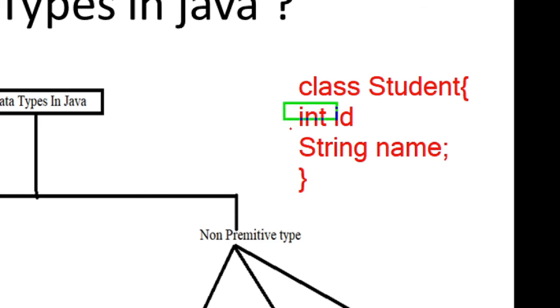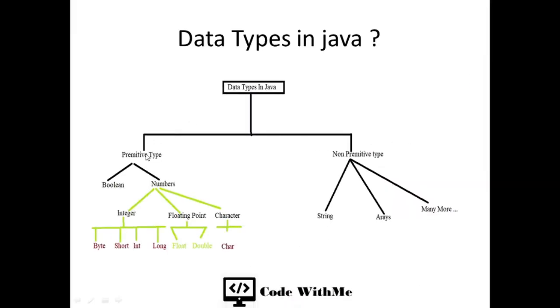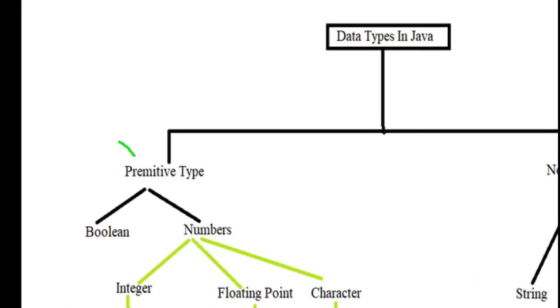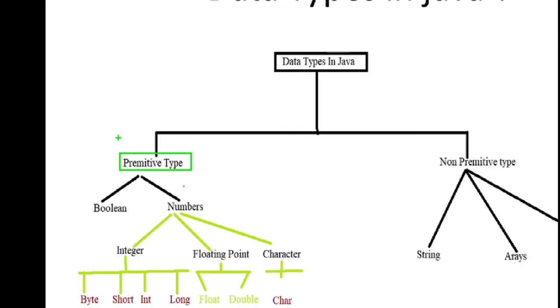If you concentrate, int is a data type, string is a data type. So in Java, there are multiple data types called primitive data types. Primitive data types are of two types. First is Boolean and the numbers. The Boolean type is true and false.